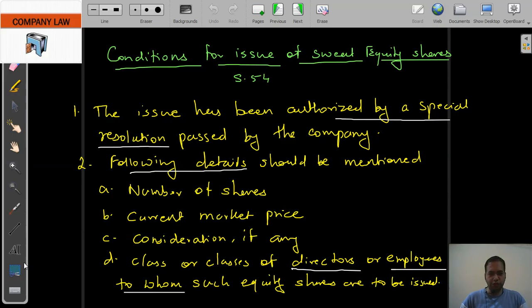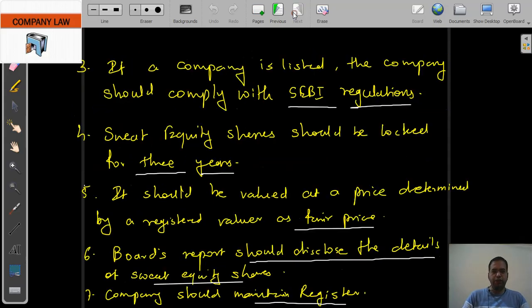Special resolution, some details should be provided in the explanatory statement form to the shareholders. It should comply with the SEBI regulation if the entity is listed on the stock exchange. It shall be valued at a fair price and disclose the details. Company should maintain the register.